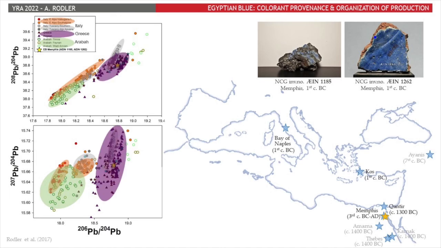And last here in purple, Greek or Aegean copper ore deposits that plot quite nicely with the two samples from Memphis. So with this, we propose that Aegean copper ore was most likely used for producing Egyptian blue at this production facility in Memphis.